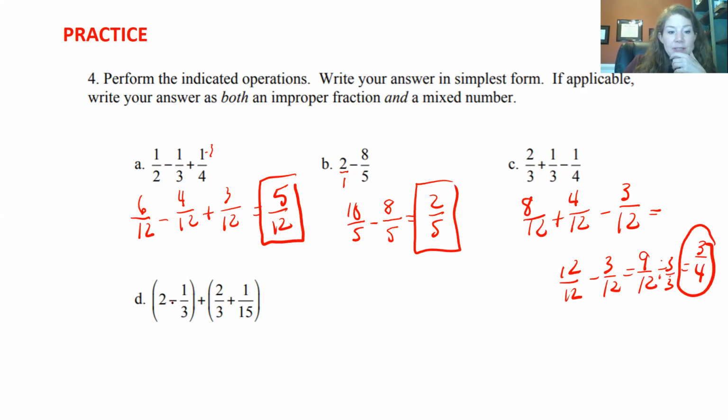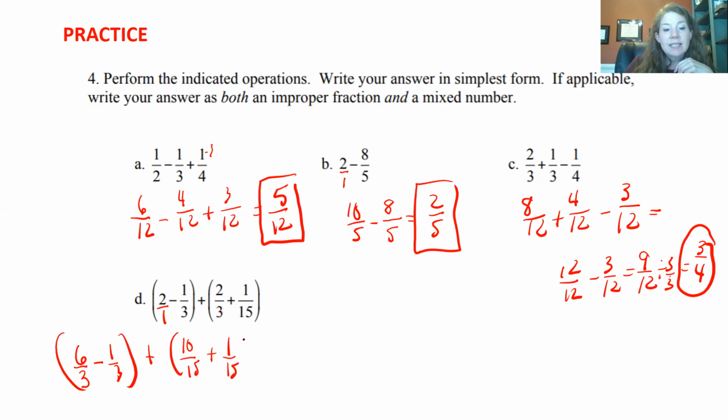And then finally, we're going to put 2 over 1. So that becomes 6 over 3, minus 1/3. And then we're going to add that to times 5. 5 times 2 is 10. 10/15 plus 1/15 is 11/15. So 6/3 minus 1/3 is 5/3 plus 11/15.